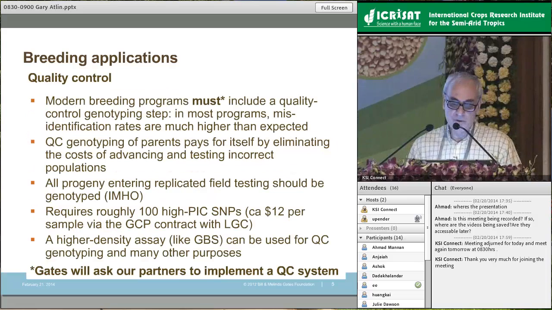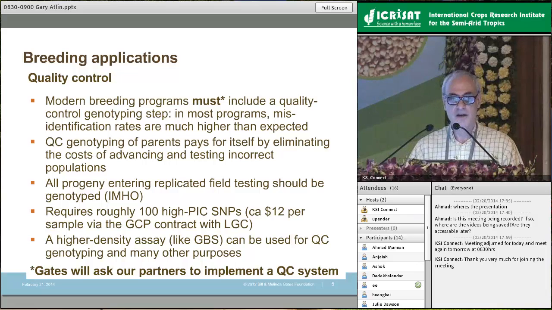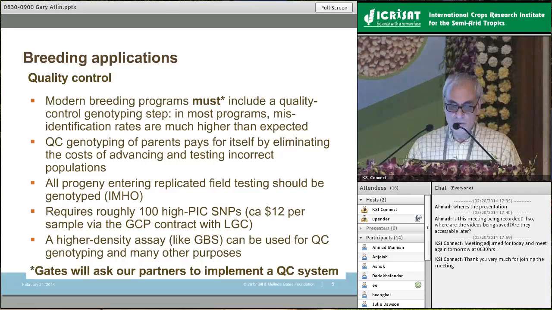In terms of quality control, modern breeding programs really must include a quality control genotyping step. Anyone who starts genotyping all their parents realizes that misidentification rates are much higher than expected. Quality control genotyping pays for itself, many times over usually, by eliminating the costs of advancing and testing incorrect populations.